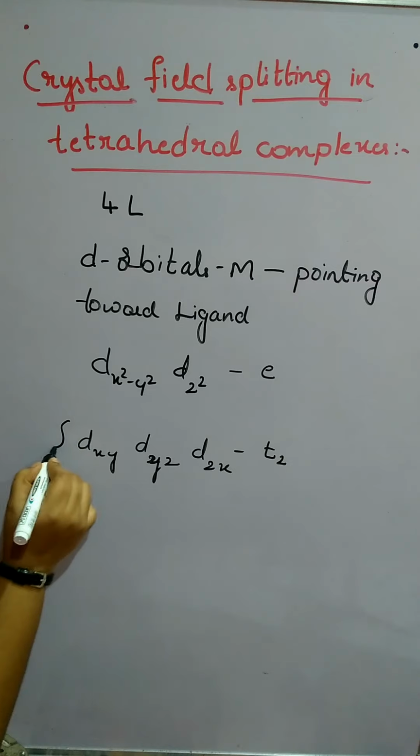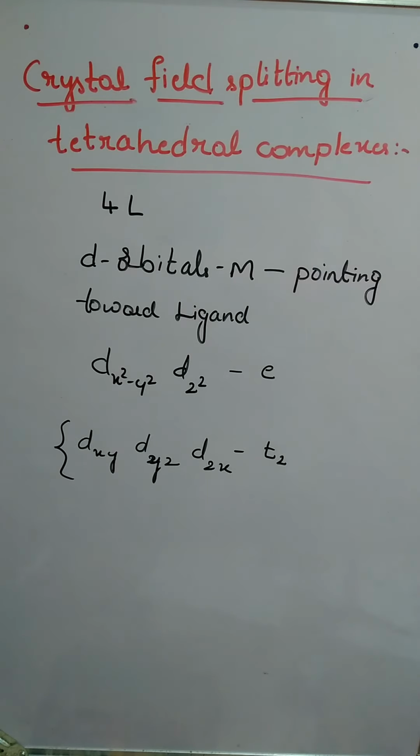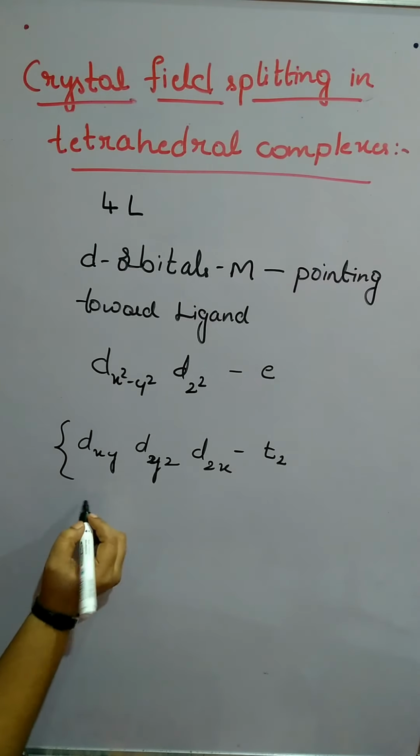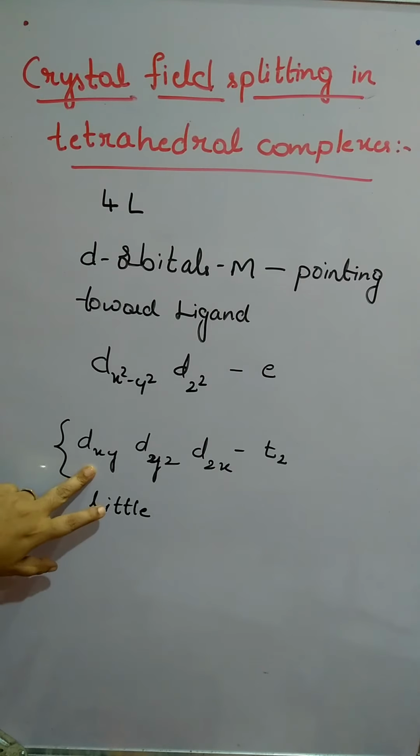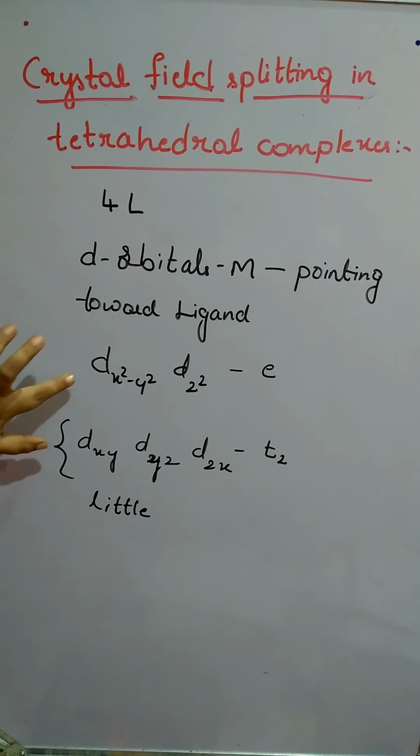The set dxy, dyz and dzx are a little closer to the direction of the ligand, but they are still a bit far from the direction of the ligand.